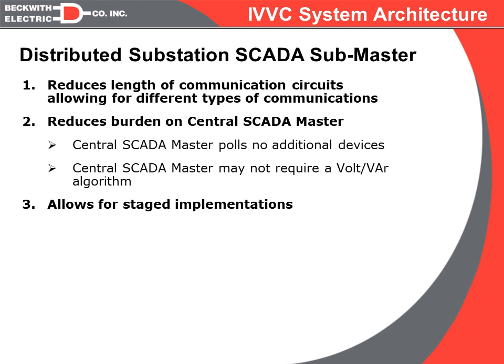So instead of the SCADA master having to poll each individual control, now it's just polling the substations, and the substations are polling the individual controls. That allows the communication path to be much shorter. So instead of having to go 20, 30 miles to get back to the SCADA master, I may only have to go 2 miles back to the substation RTU, and now I can start looking at mesh technologies and unlicensed technologies for the communications.